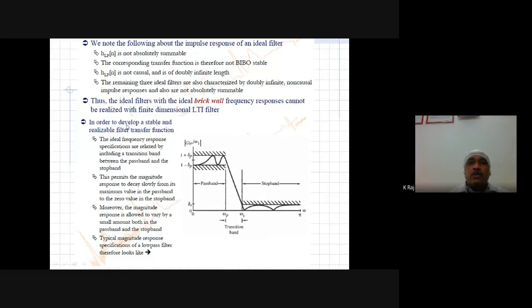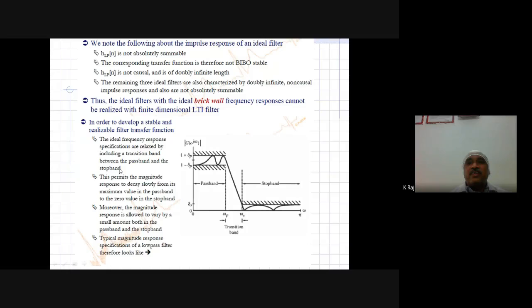In order to develop a stable and realizable filter transfer function, the ideal frequency response specifications are relaxed by including a transition band. What is the first approximation? That we have to include a transition band between the pass band and the stop band.